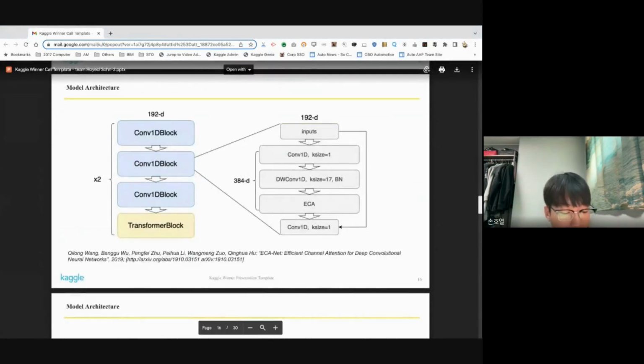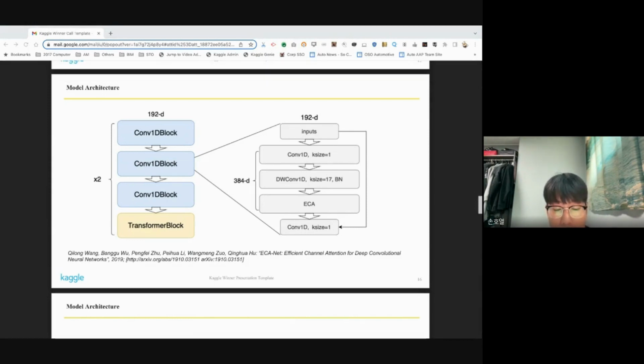The blocks that make up the model have the following structure. Initially, a single model uses a dimension of 192, and 3 1D convolutional blocks and 1 transformer block are connected. This entire structure is repeated twice.